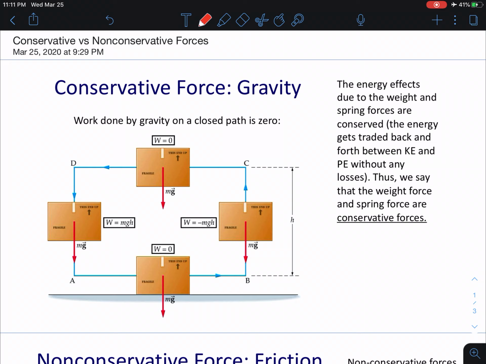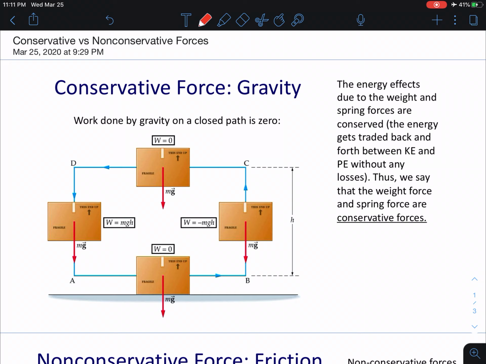So starting with the weight force, we said that when we apply energy conservation and there's a change in elevation, that means there is really work done by the weight force. It's non-zero. But you can either keep the work term by the weight force non-zero on the right side, or you can ignore it.